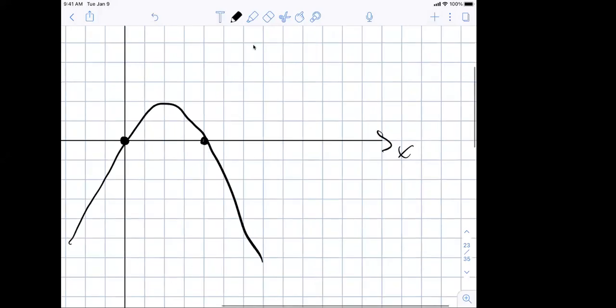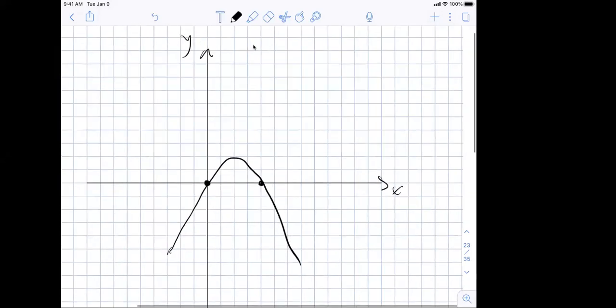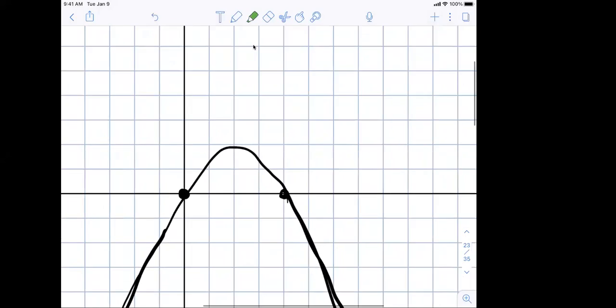So the region bounded by the graph of y equals 0 and y equals negative x squared plus 4x, what would we say that region actually is? There's a bunch of different regions happening here, right? Is it the little hump that's above the x-axis? Very good.